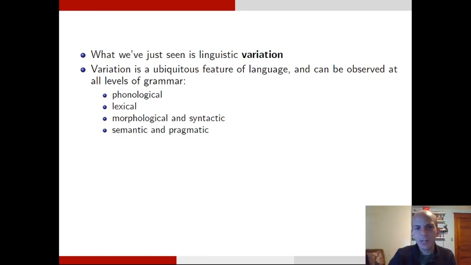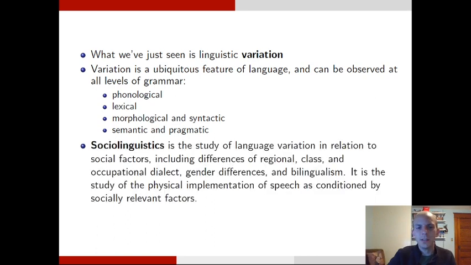So, we got variation understood now. Like I said, it's a pretty intuitive concept because most of us are aware of these types of variation. And so sociolinguistics comes in and it wants to look at this linguistic variation as it correlates to different social factors, right? That's why it's sociolinguistics.